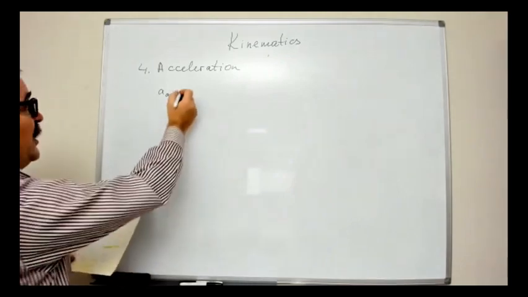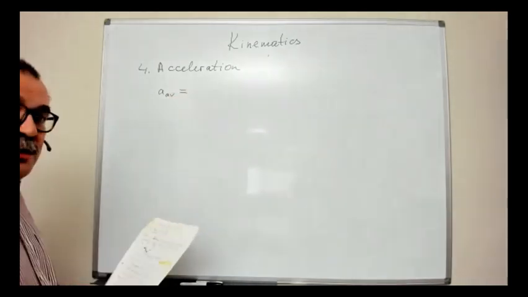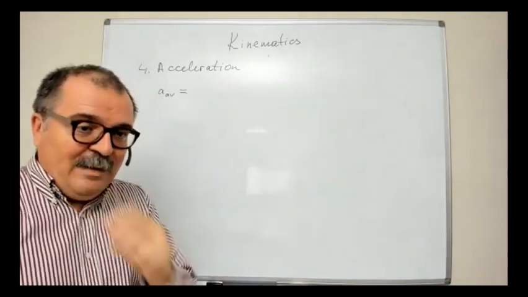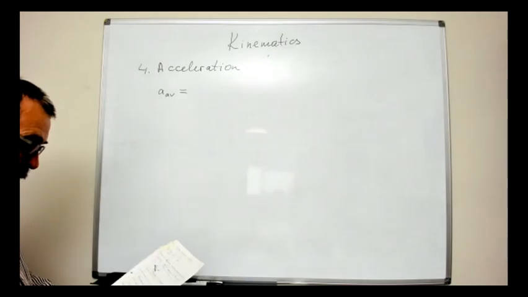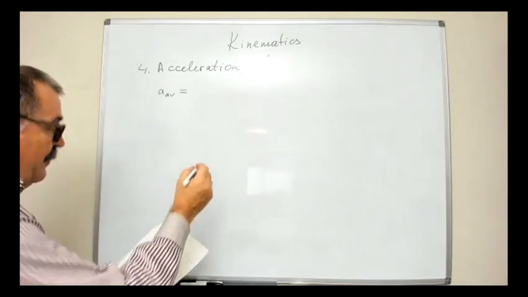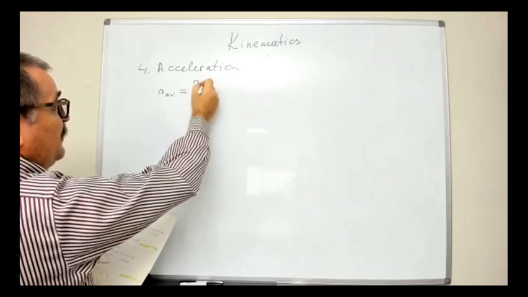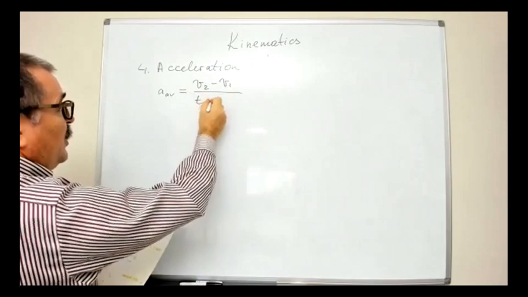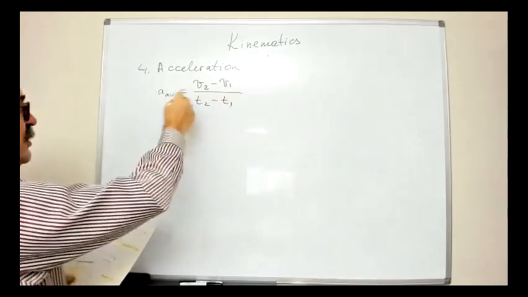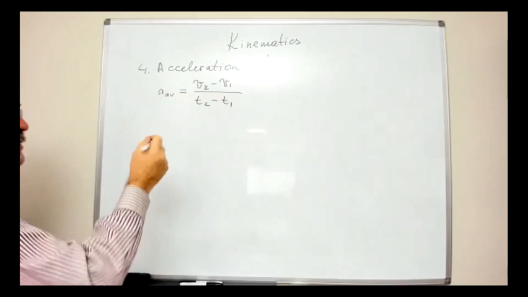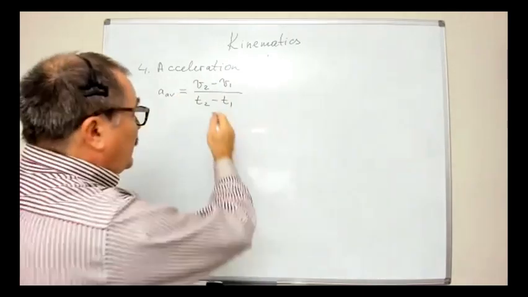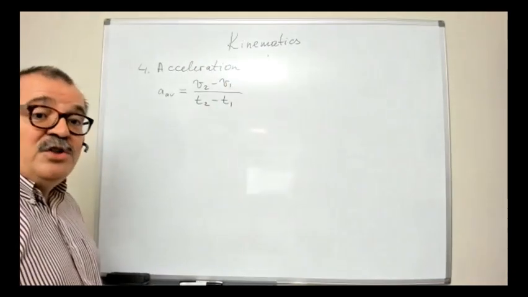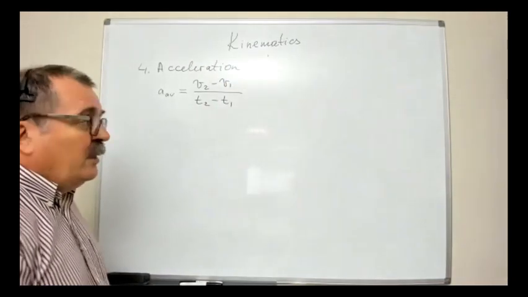The average acceleration, similar to the velocity, requires four numbers to compute. It's the following formula: v2 minus v1 divided by t2 minus t1. Here v2 is the velocity of the object at time t2, and v1 is the velocity of the object at the initial time t1.